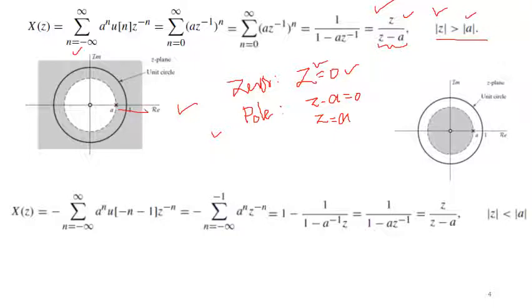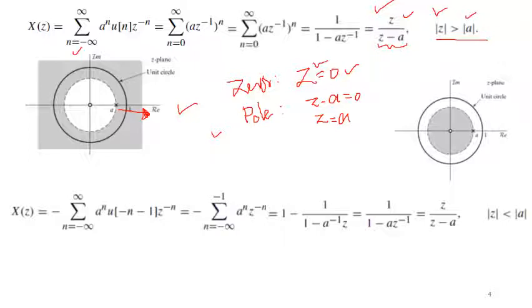That's the exterior of the circle, as we discussed on the previous slide. That's the innermost pole, this one. So the region of convergence will be all values where z is greater than a, all the values outside this.